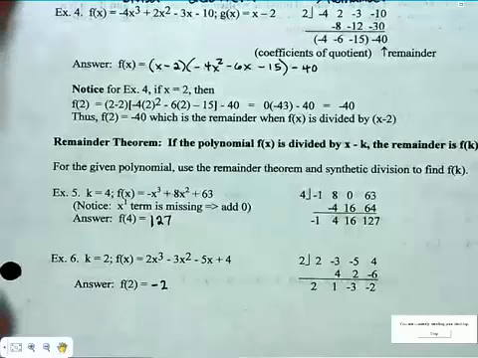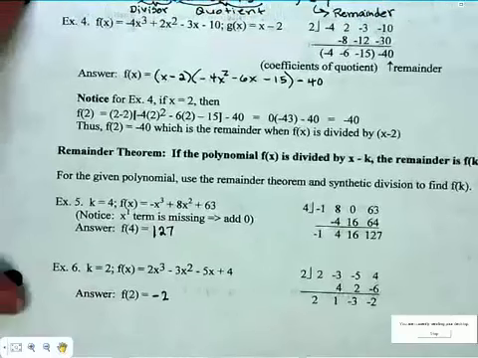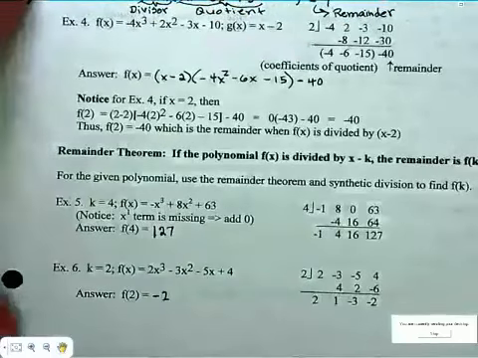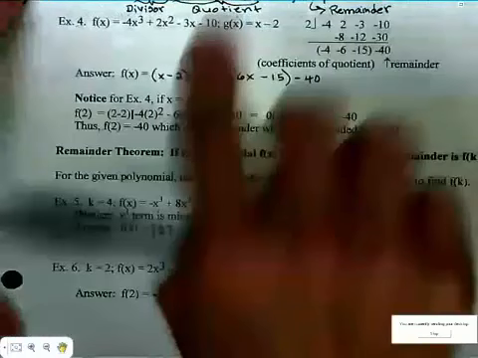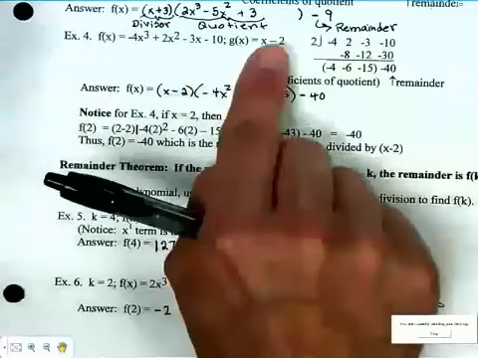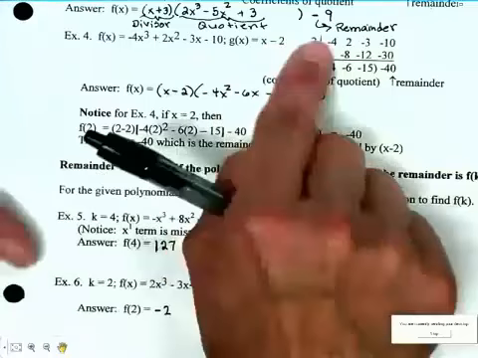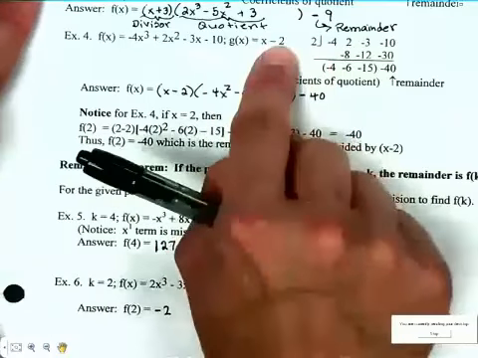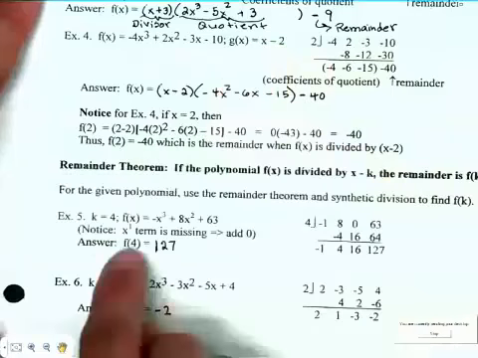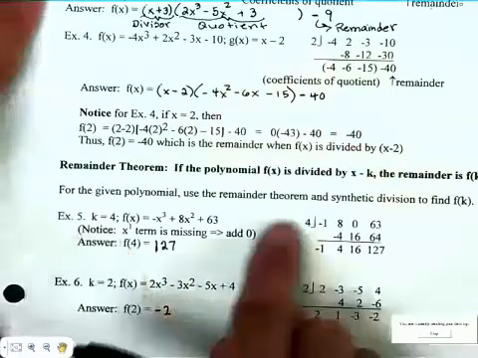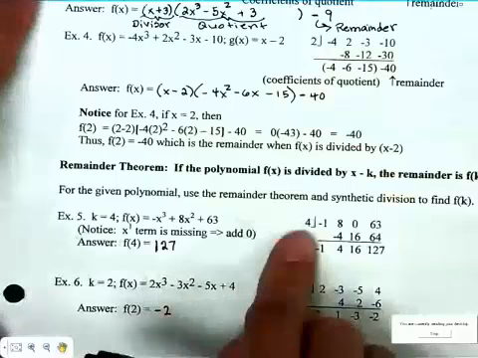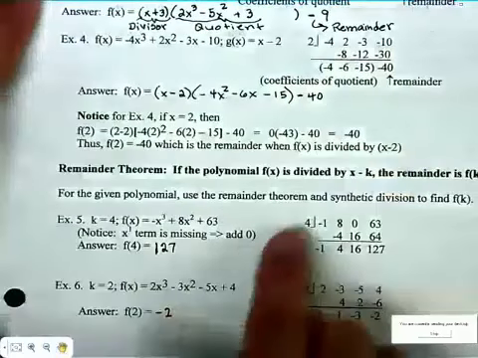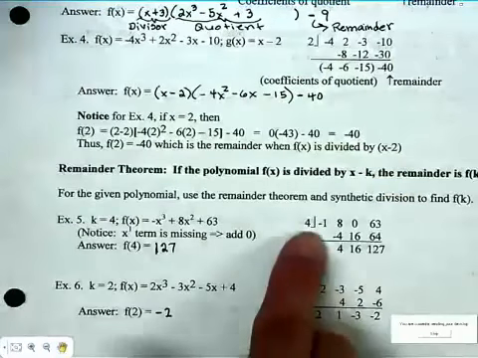I'm glad you asked that. I meant to say it. If I give you the divisor, g of x, then you take the opposite of the constant, and that's what goes in the box. However, if instead of the divisor, I'm giving you a k value, that's what goes in the box. That 4 in the box actually means the divisor would be what?